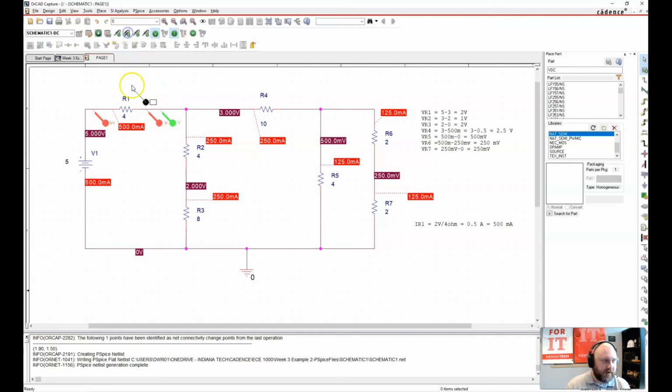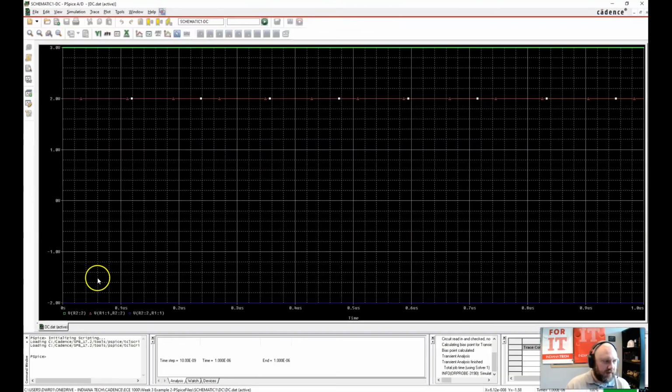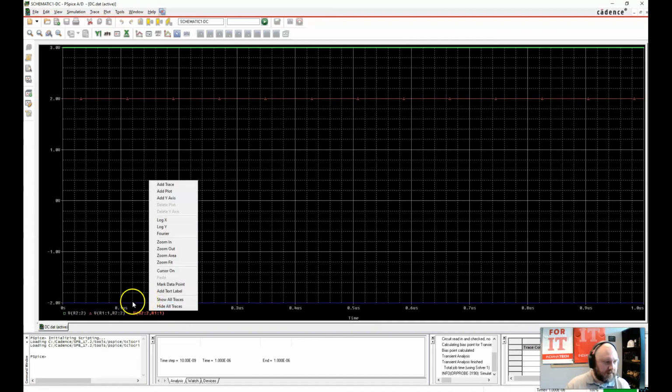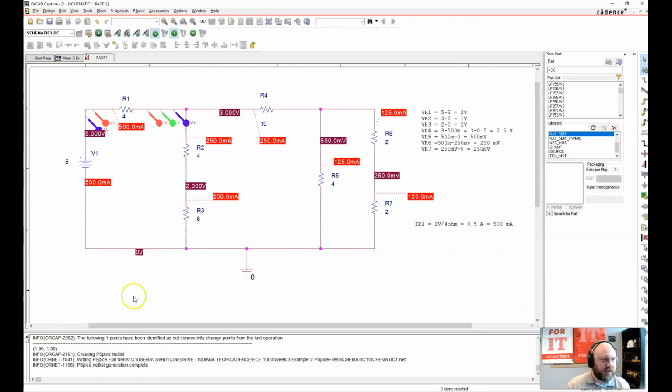Now, just like with current, if I did this in the opposite direction, I put the positive here and the negative one here, we're going to get -2 as this blue curve down here as the voltage. But that's simply because I've flipped the direction of the probe.